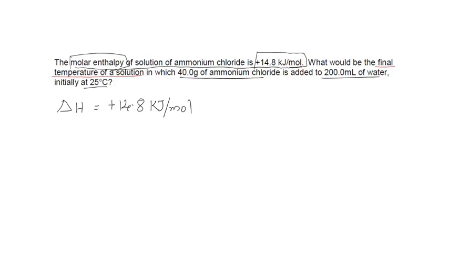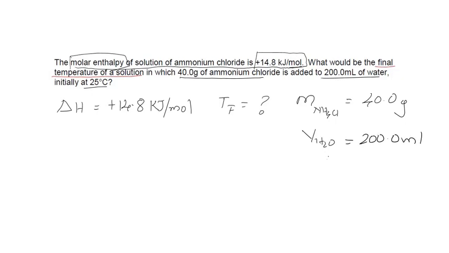What would be the final temperature of the solution? So we need to know Tf, which is unknown to us. We have been given mass of ammonium chloride, that is 40 gram, added to 200 ml of water. So we have been given volume of water, which is 200 ml.